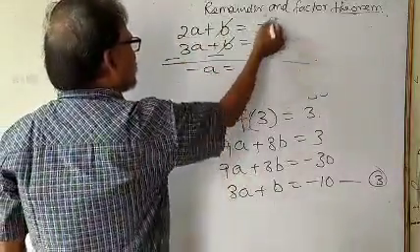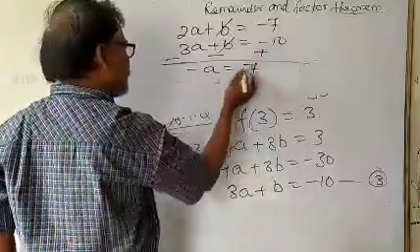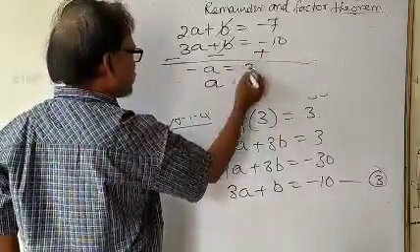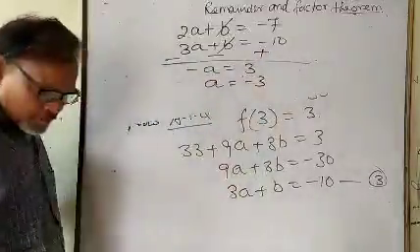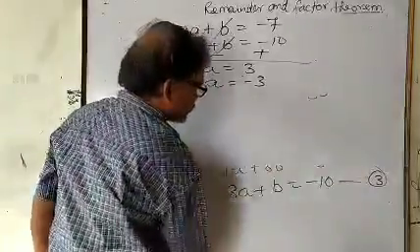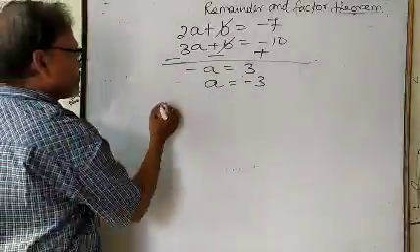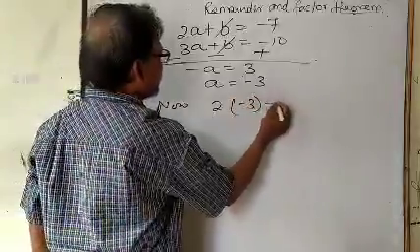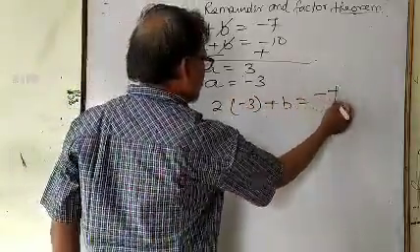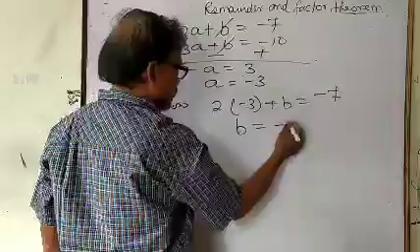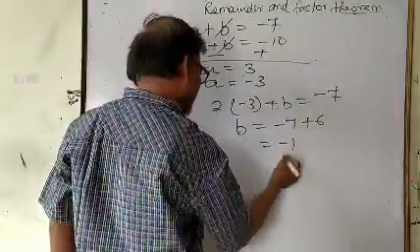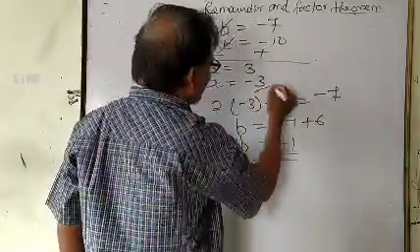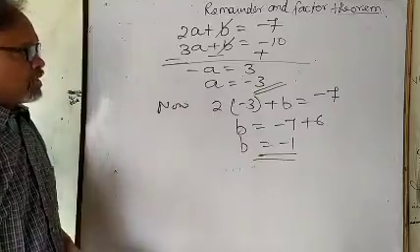Minus a is equal to 3, or a is equal to minus 3, and then 2 into minus 3 plus b is equal to minus 7. So b is equal to minus 7 plus 6, which means minus 1. So these are the values of a and b.